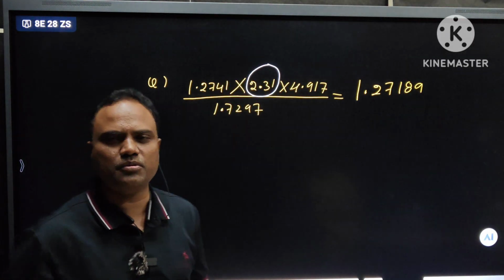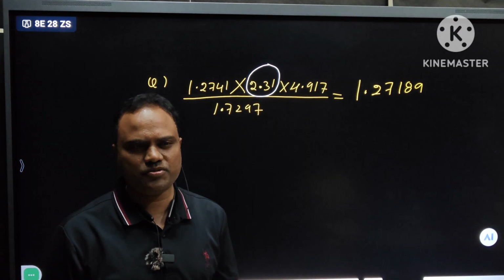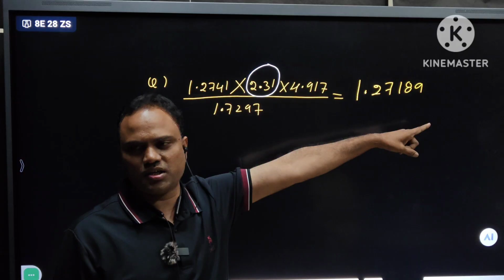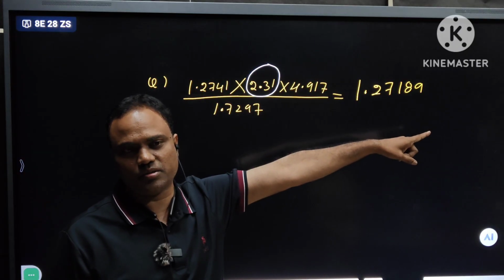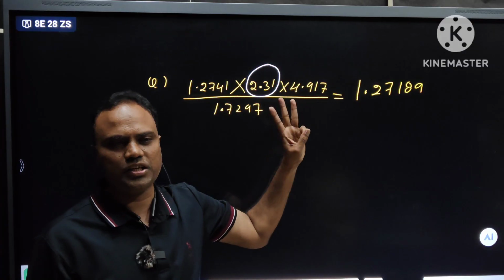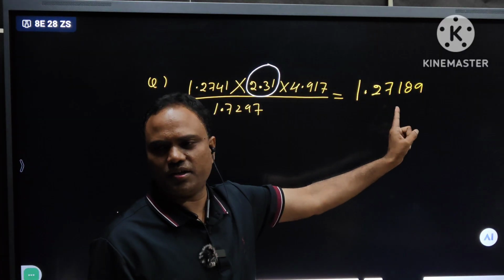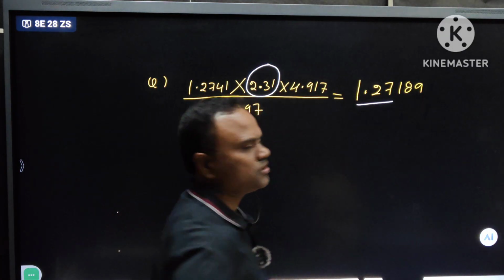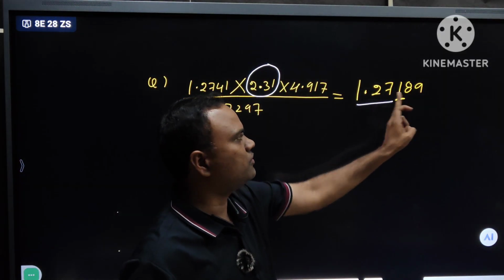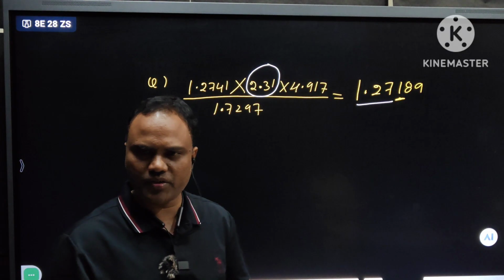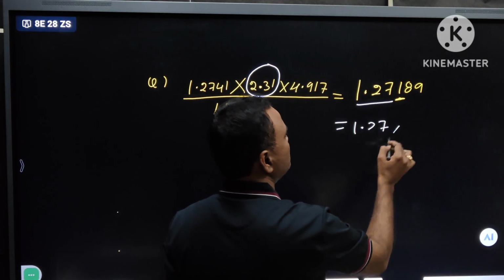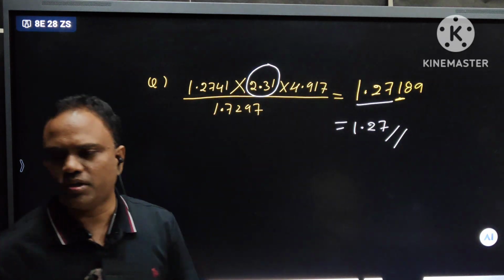Select the number with minimum significant figures. The final value should be reported to the same significant figures as that of the number with minimum significant figures. In this, how many significant figures do you have? 3. So maintain 3 significant figures here, meaning up to 7. Which number do you have to remove? 1. 1 is less than 5, so remove it directly. So the answer will be 1.27.